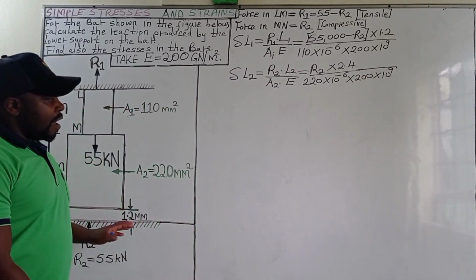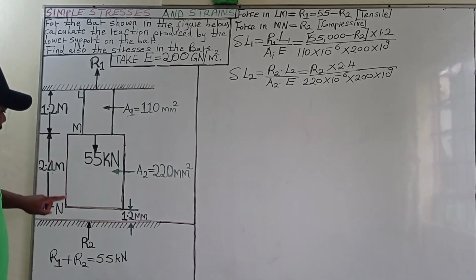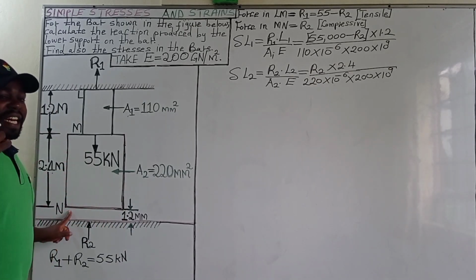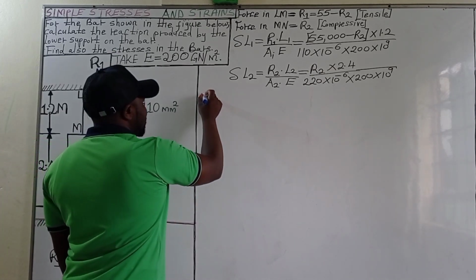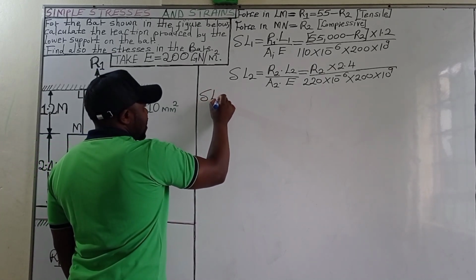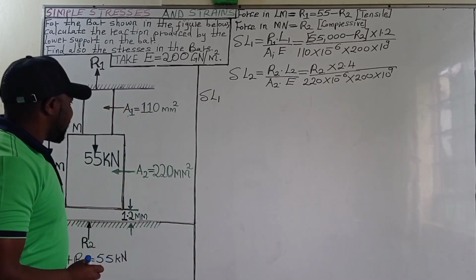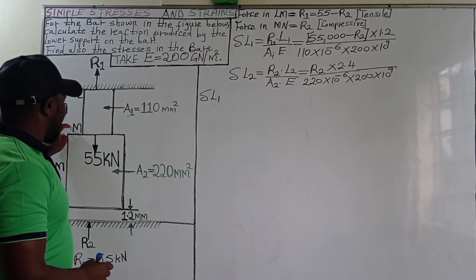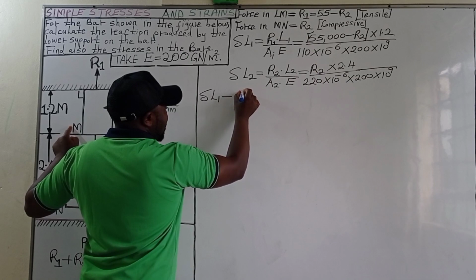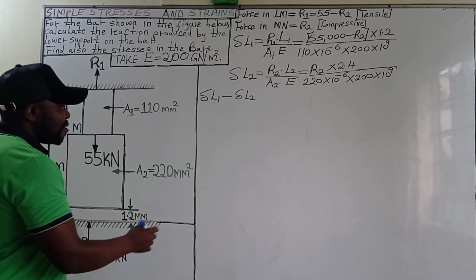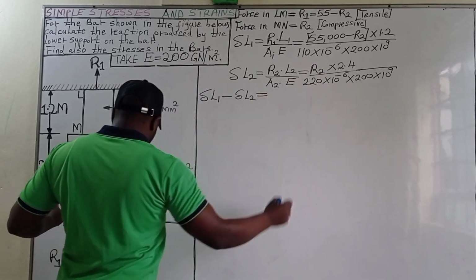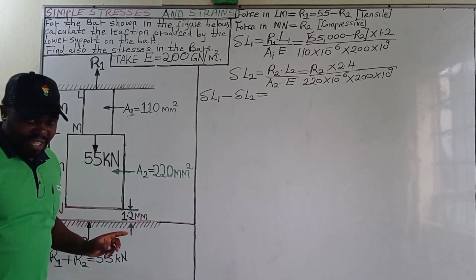Now, for this bar MN to finally rest on the lower support, we are going to have this change in length, that is the extension of the bar LM minus the contraction of the bar MN, give you 1.2 millimeters.